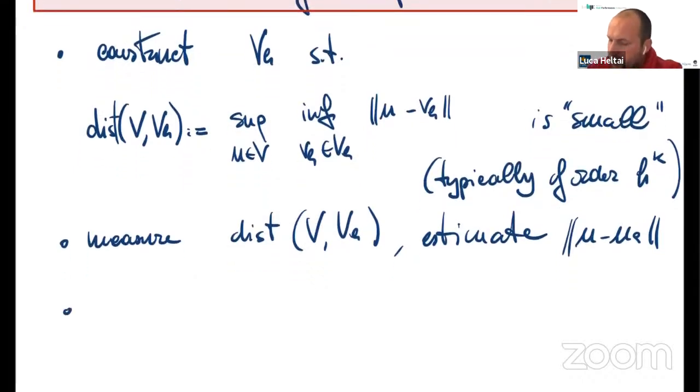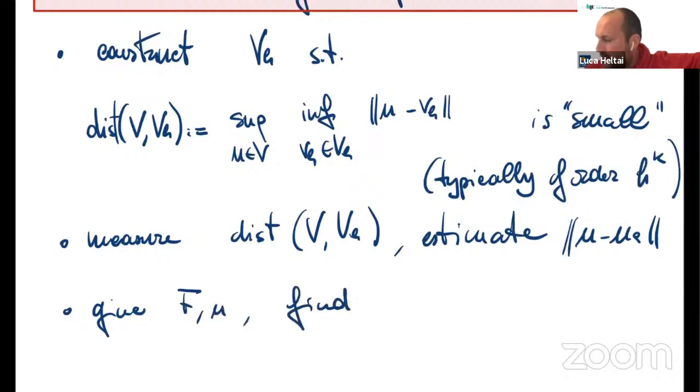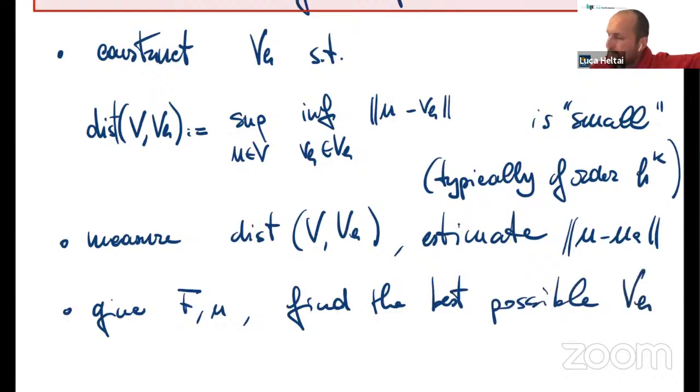And then, of course, once you have this, given f and u, find the best possible V_h.